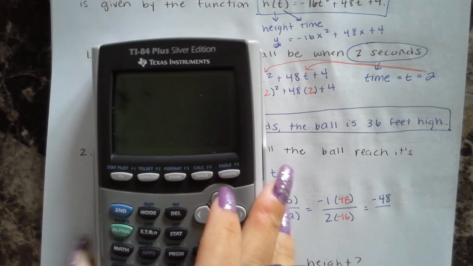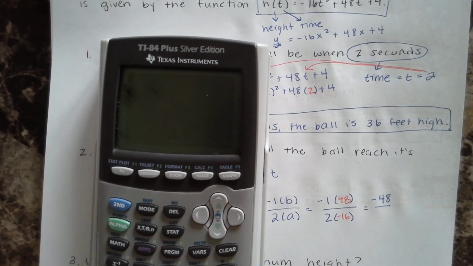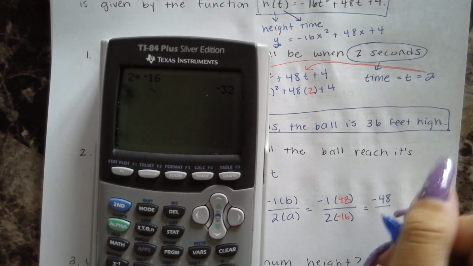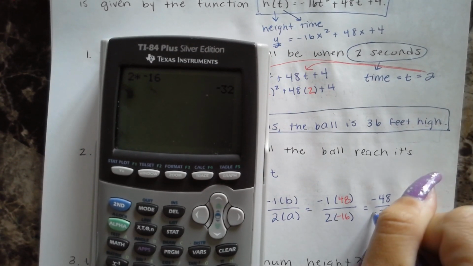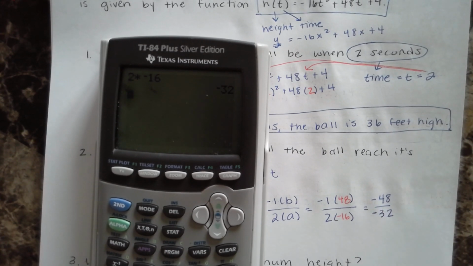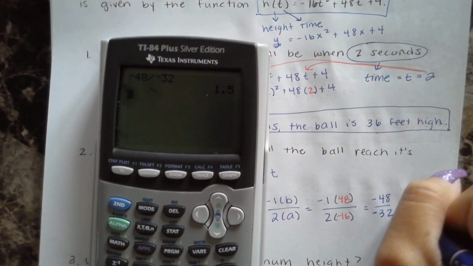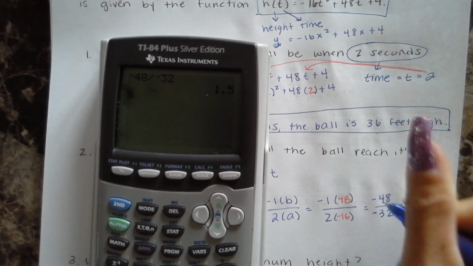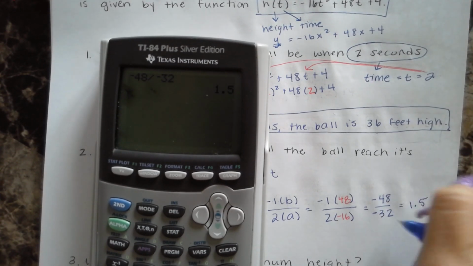And if you can't do math in your head, that's okay. Use your calculator. 2 times -16 is going to be -32. If we want to do -48 divided by -32, we enter it, and it equals 1.5, positive, because dividing a negative by a negative makes a positive.